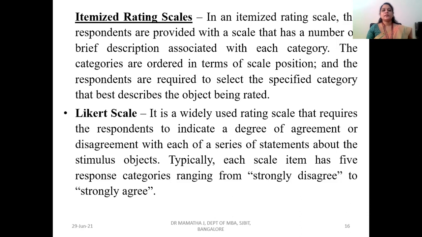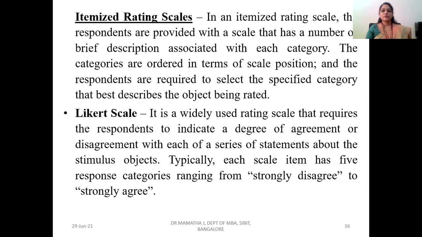These categories are ordered in terms of scale position, and the respondents are required to select the specified category that best describes the object being rated. Among the itemized rating scales, we have the very advanced and most popularly used scale, the Likert scale. The name goes after the person who invented the scale. The Likert scale is sometimes also called a summative scale.